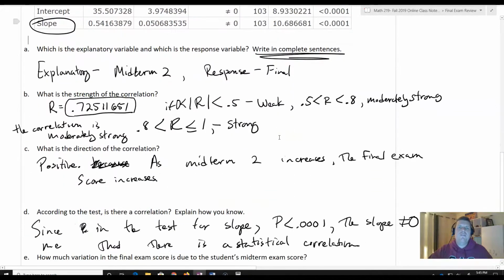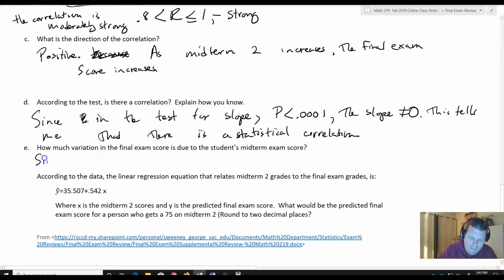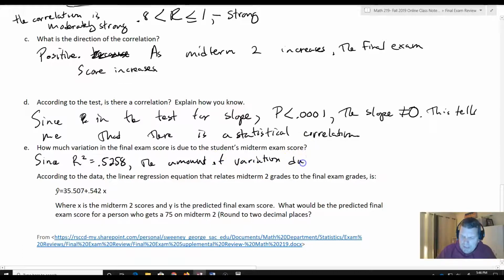Since R squared is 0.5258, the amount of variation due to midterm score is 52.58%, which is awesome. It's actually pretty high. It's a pretty high R squared.